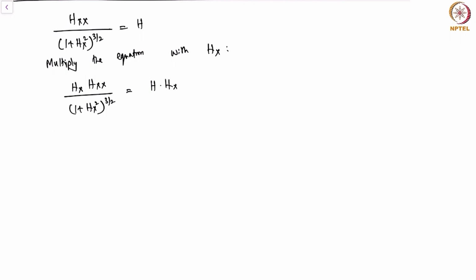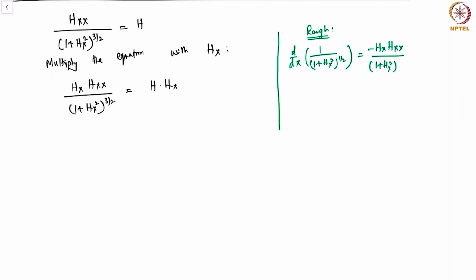And the reason we do this is because, let me make a rough sketch here, or rough notes on the side. If you compute the derivative of this quantity 1 by (1 plus hx square) whole power half, this quantity will turn out to be minus hxx by (1 plus hx square) whole power 3 by 2, right? And so therefore I straight away have the left hand side is d by d capital X of (1 plus hx square) whole power half.